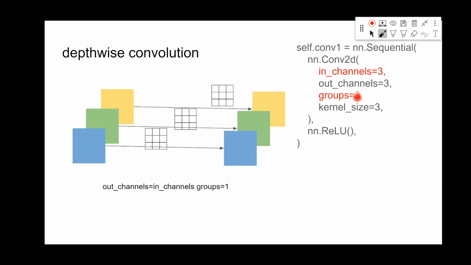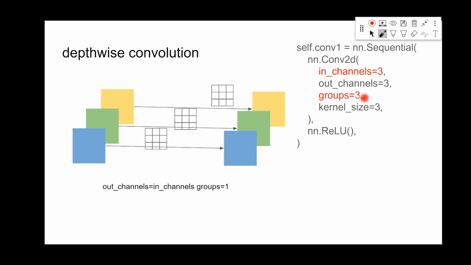In this case, if we set the group to be greater than one, we must be careful about the output channel, because the input channel, output channel, and the group must be matched so that we can produce the correct result. Otherwise, PyTorch will report an error. Of course, you can set the group to be neither one nor equal to the input channels.